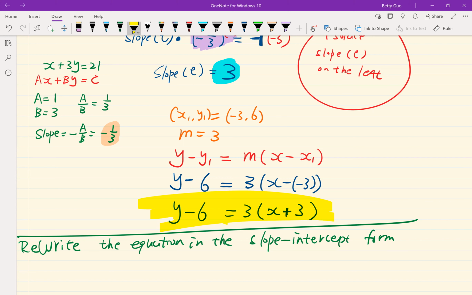So 3 times 3 is a positive 9, right? 3 times x, 3x. 3 times 3 is a positive 9, right? You don't have a negative 9. Okay, perfect. So this is only the second time you do the same thing. If you repeat the same thing like 10 times, you'll be very good at it.